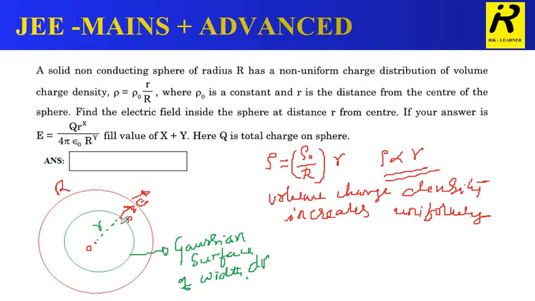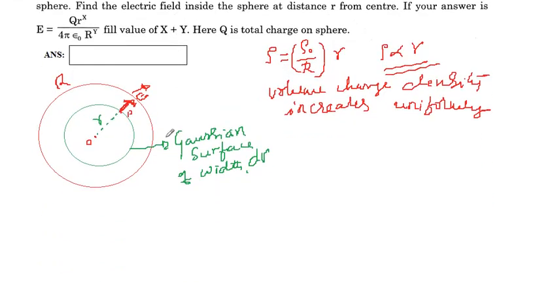E is the electric field at this point, which is acting outward. Now you may think that at this point P, the electric field is only due to the inner charge.